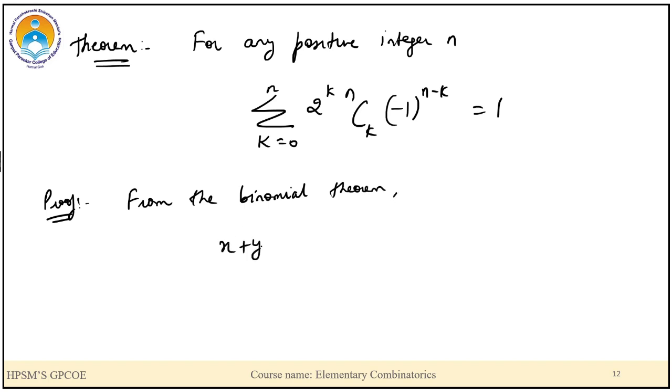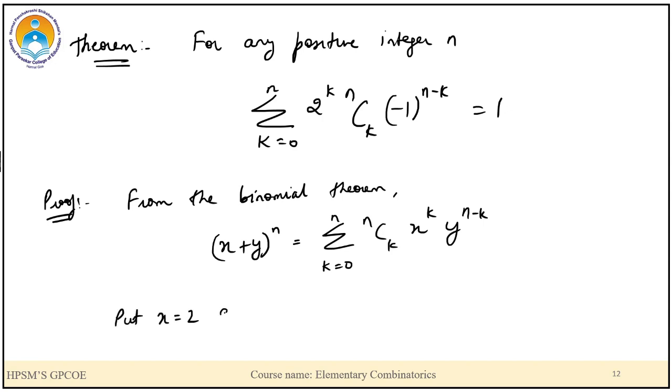I have (x plus y) the whole raised to n equals summation k goes from 0 to n, nCk x raised to k y raised to n minus k. Since I need 1 on the right hand side, it is ideal that we put x equal to 2 and y equal to minus 1 and see what we get.